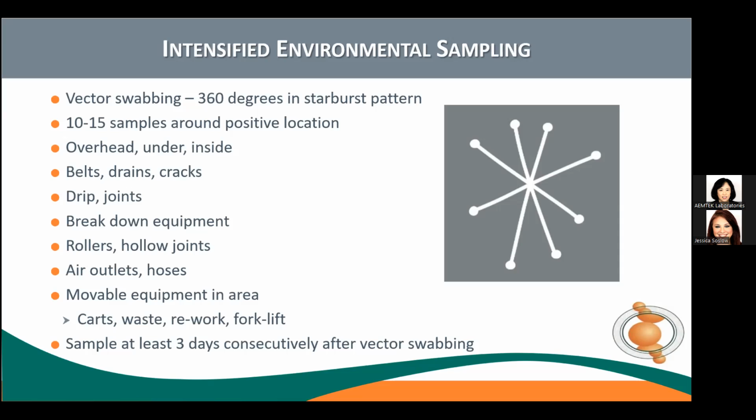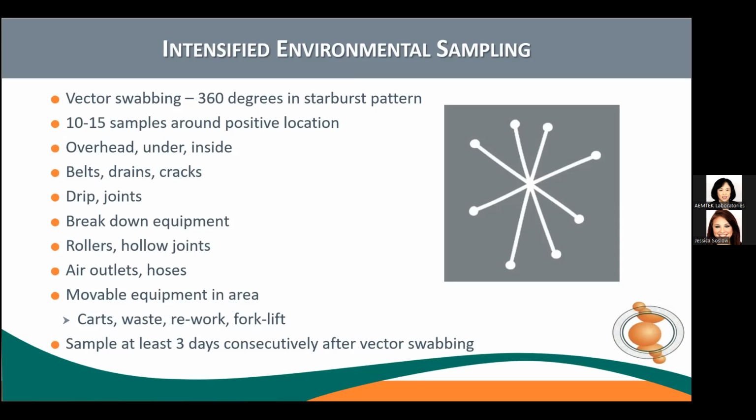The vector swabbing is used so that we don't forget to look up and above the product and below the product, right? And looking for niches and the pathogen sites. And that includes any drips, condensate, or airflow over the product.